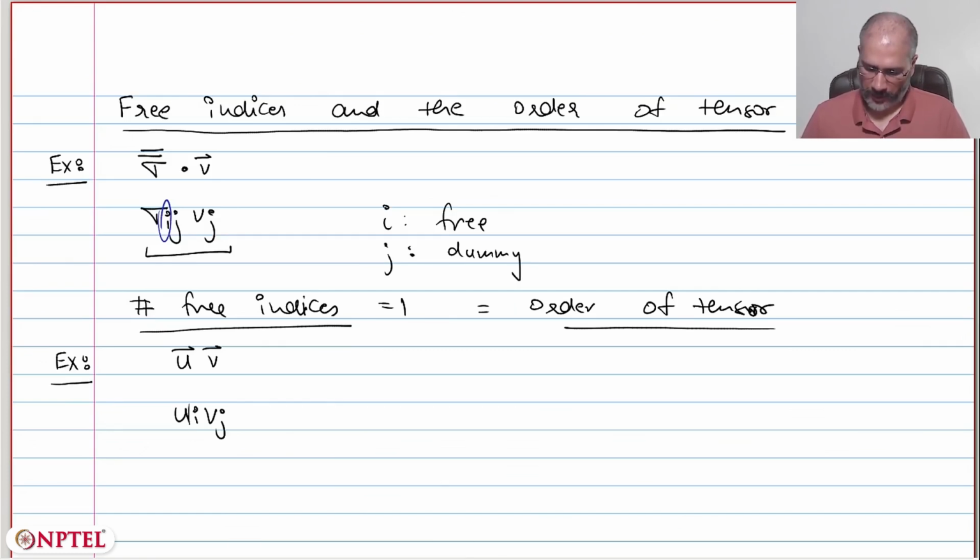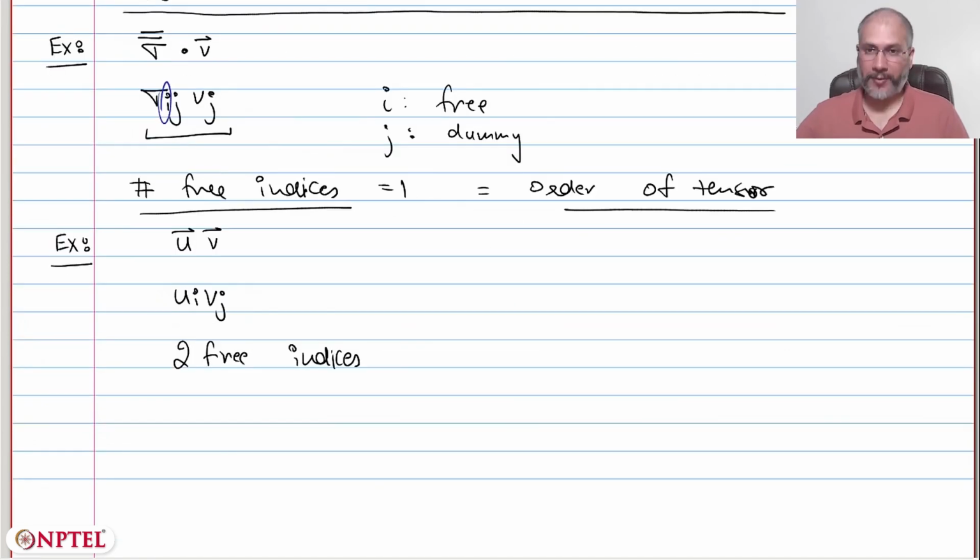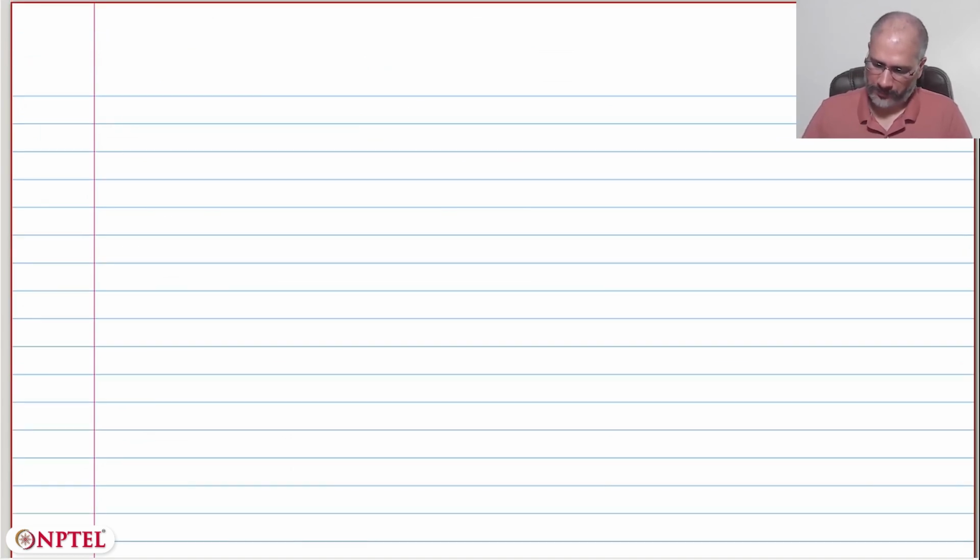Well, we have a ui and a vj, so we have two free indices, which amounts to a total of 9 components, because the index i can go from 1 to 3 and the index j can go from 1 to 3. So this is indeed a second order tensor. We have established again that the number of free indices is equal to the order of the tensor. Let's take another example.